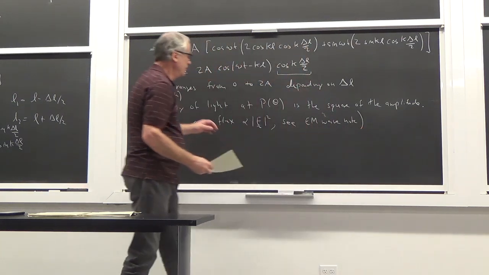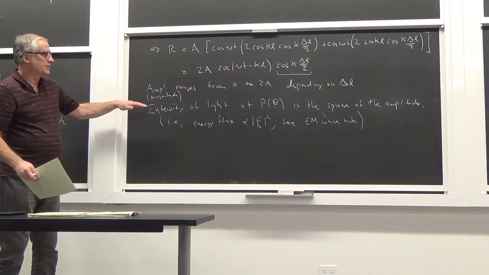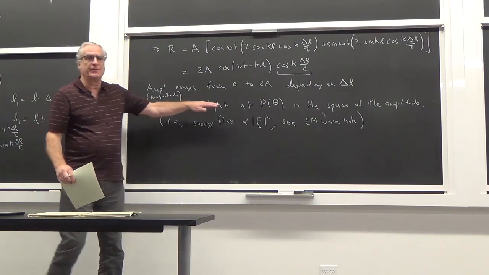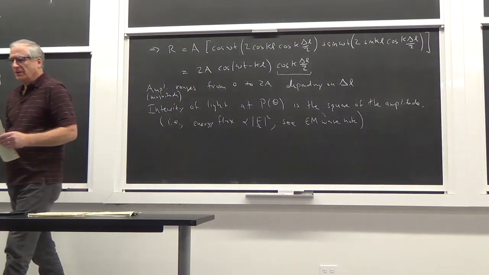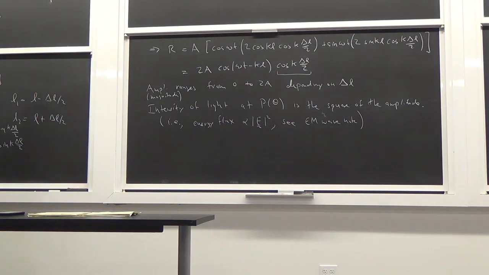But I'm going to rely here just on the fact that this is a common feature that we've been seeing, that the energy in a wave goes like the square of the amplitude, for example, of a string. When you have an oscillating string, the energy density goes like the square of that amplitude.